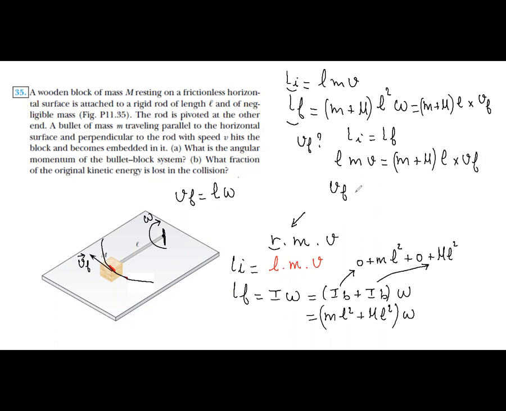We can eliminate L and L. We get finally v final equals m v divided by m plus m.